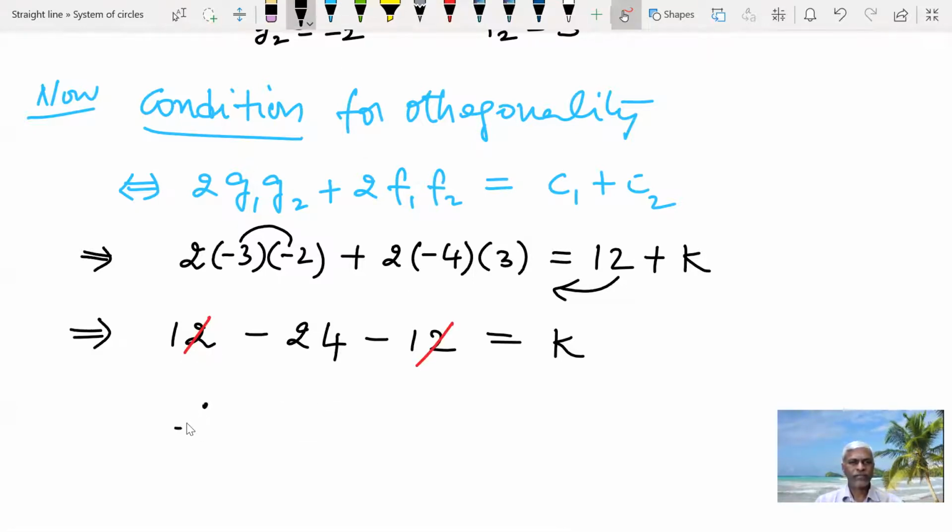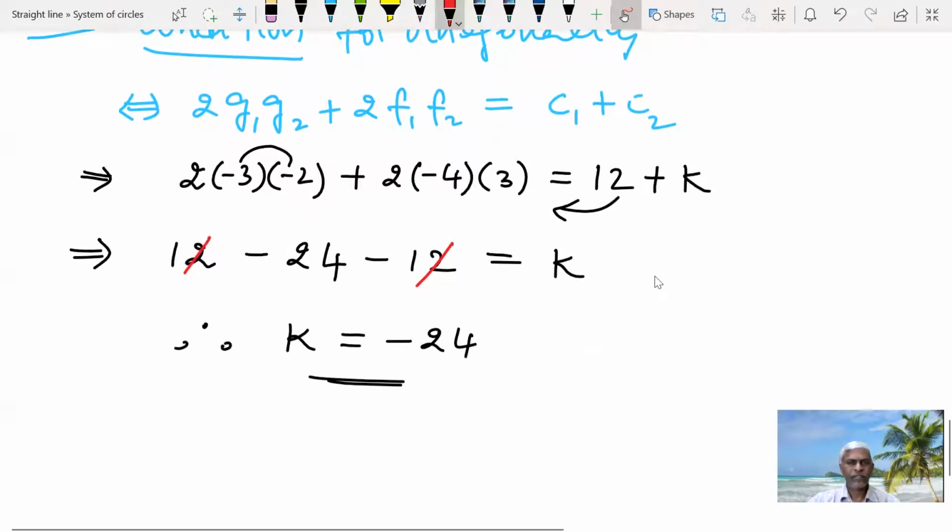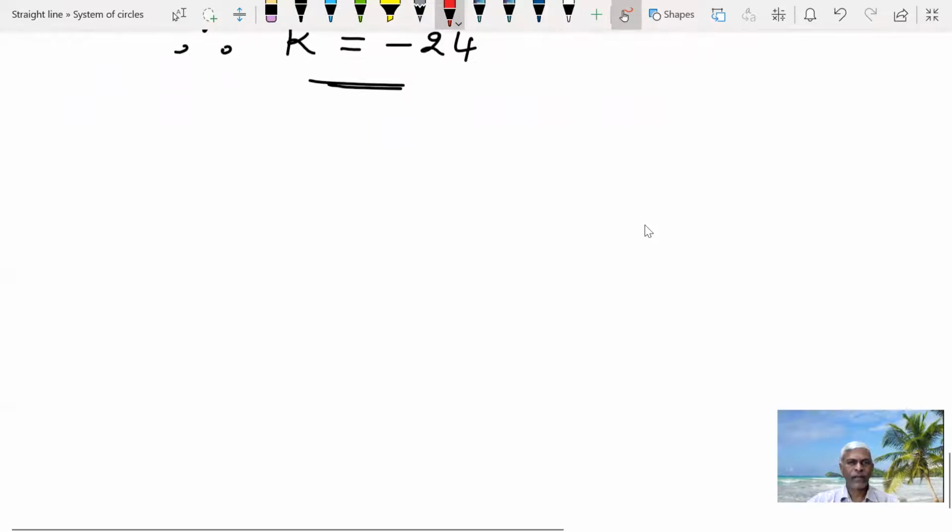Now k value is equal to minus 24. Very simple problem. Finding g1, g2, f1, f2, c1, c2, and substituting in the condition, you get the k value.